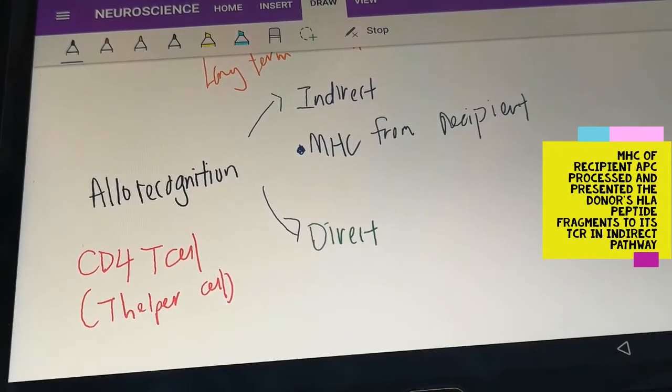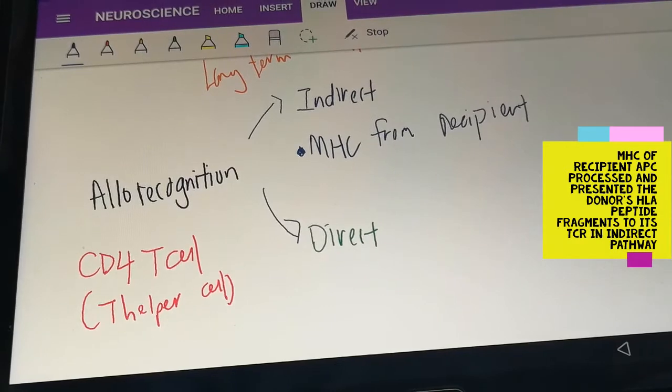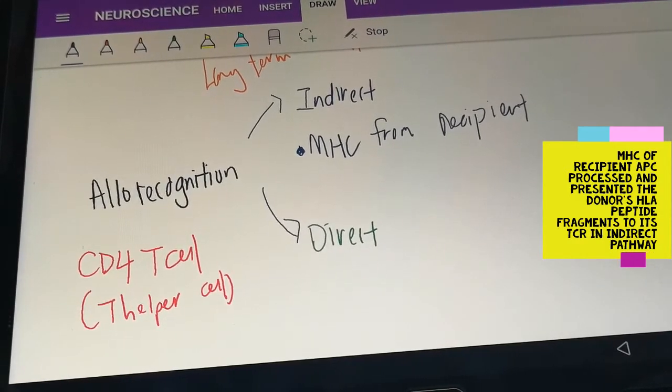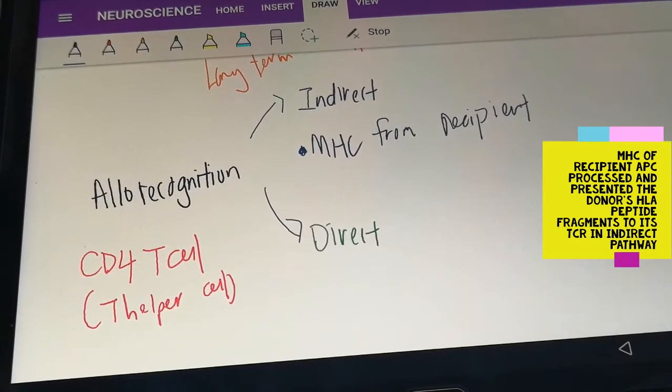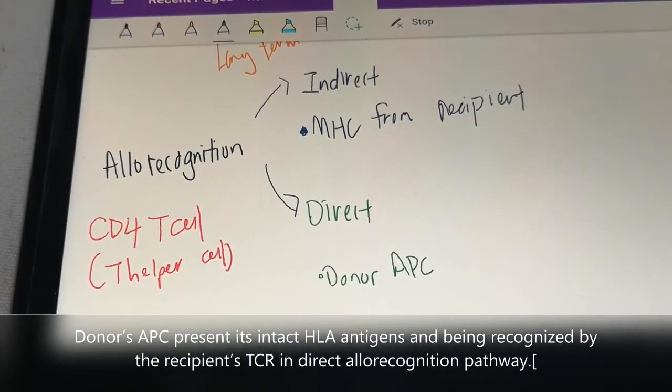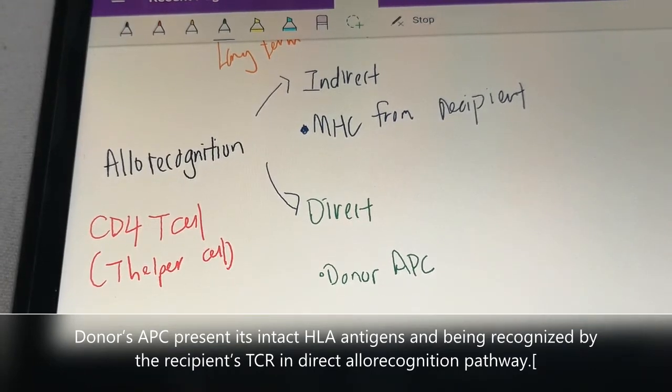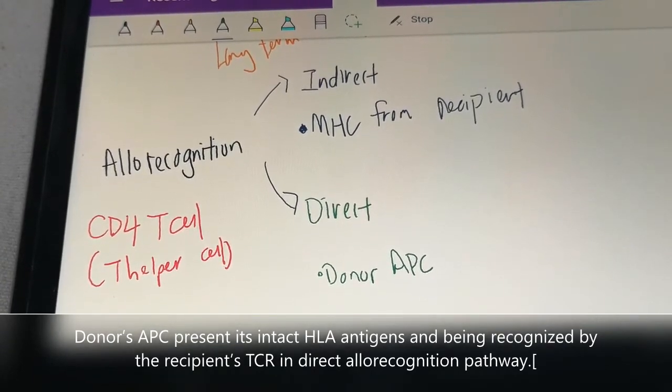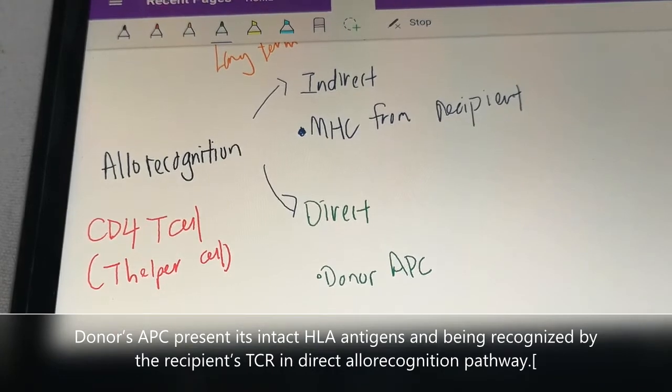In the indirect pathway, the MHC of the recipient APC processes and presents the donor's HLA peptide fragments to its TCR. In the direct allorecognition pathway, the donor's APC presents its intact HLA antigen and it is recognized by the recipient TCR.